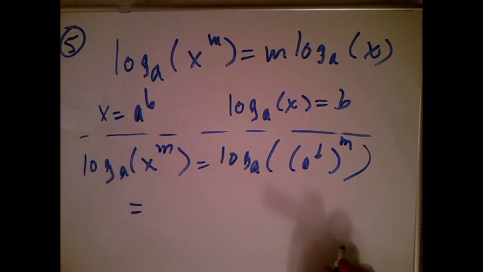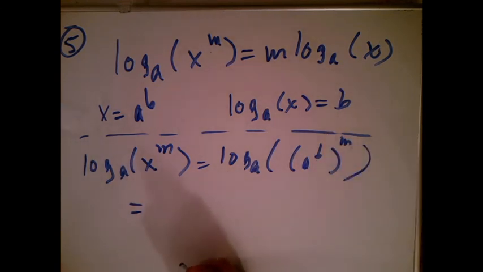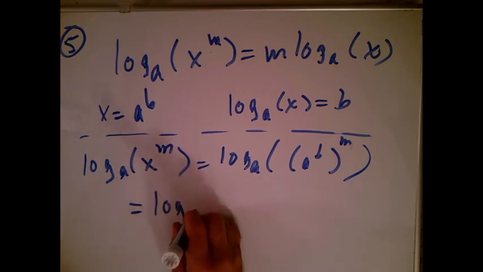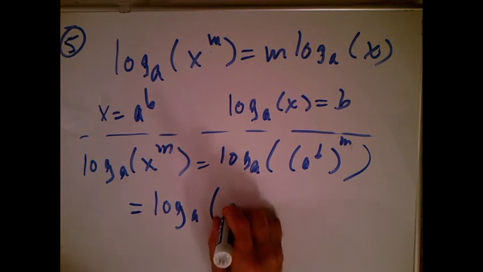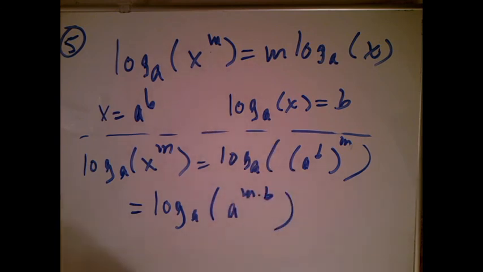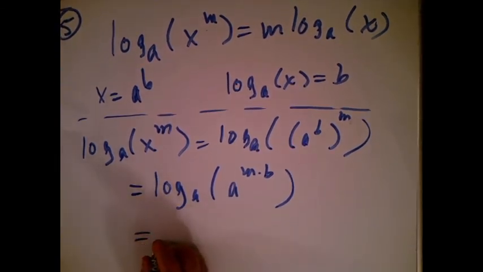Well, again, this is the rule of exponents. When I take a number to a power, we multiply the powers. So what this is going to give me is log base a of a to the m times b, like that. Now what am I supposed to do now? Well, what does log say? It says write what's inside as a to a power, already done, and the answer then is just going to be the power.